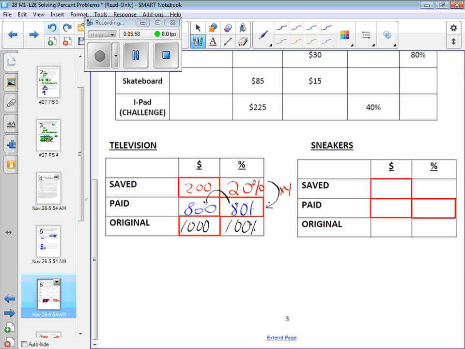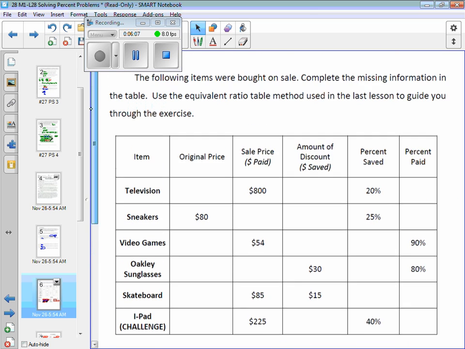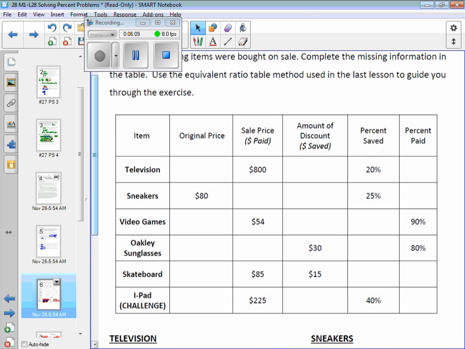Now we take the values that we found and put them back in the chart. Going back up to the top, what's the original price? Max? $1,000. Correct. What was the dollars saved? $200. And then what was the percent paid? 80%. And that's done.